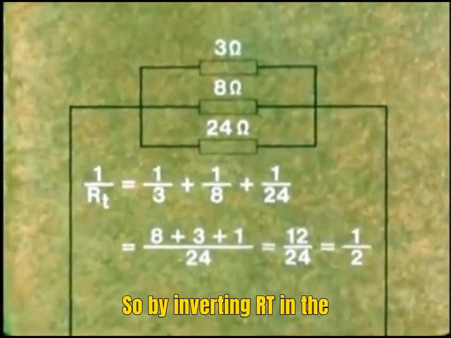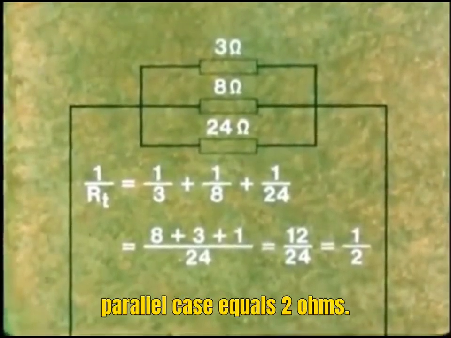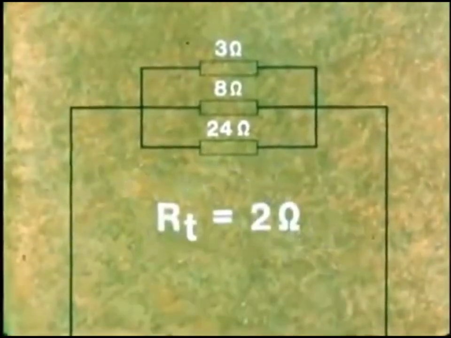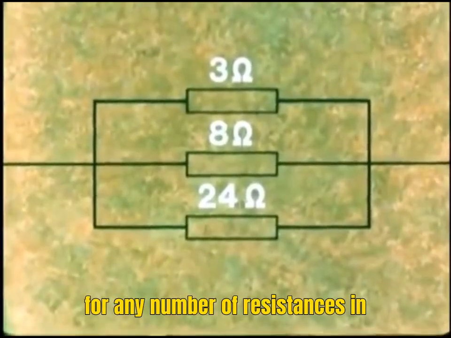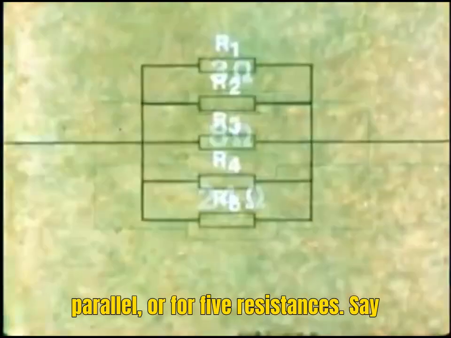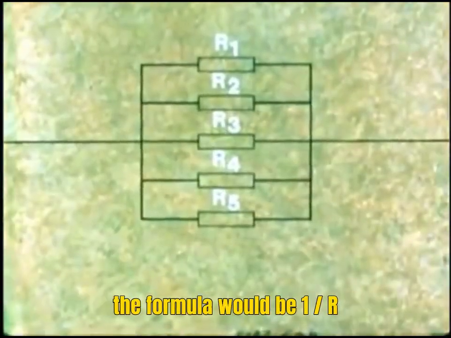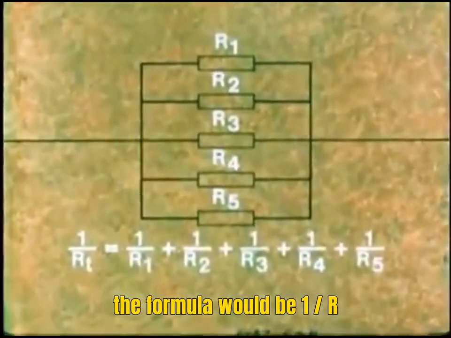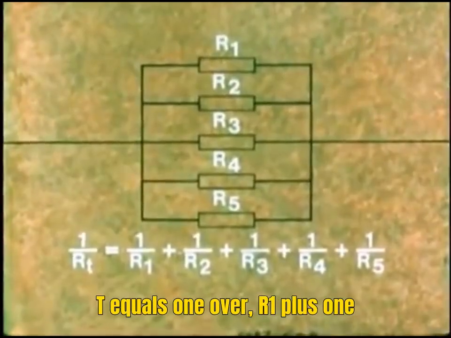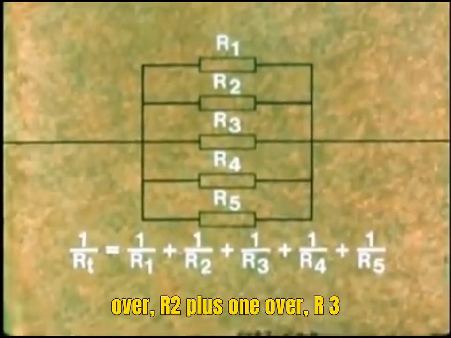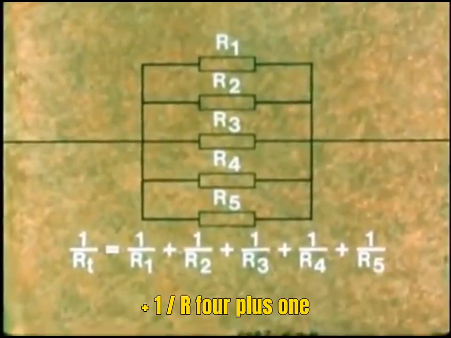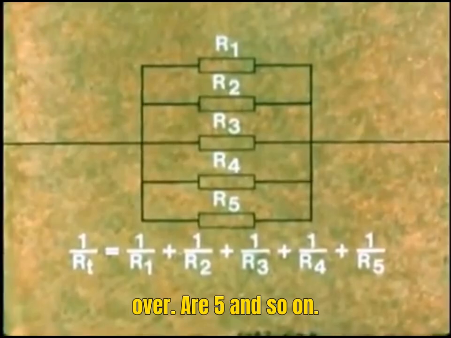So by inverting, RT in the parallel case equals 2 ohms. You can calculate RT in this way for any number of resistances in parallel. For 5 resistances, say, the formula would be 1 over RT equals 1 over R1 plus 1 over R2 plus 1 over R3 plus 1 over R4 plus 1 over R5, and so on.